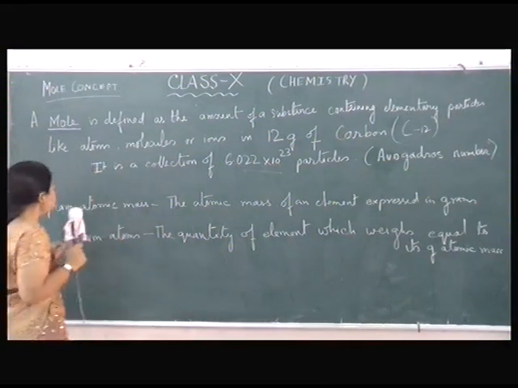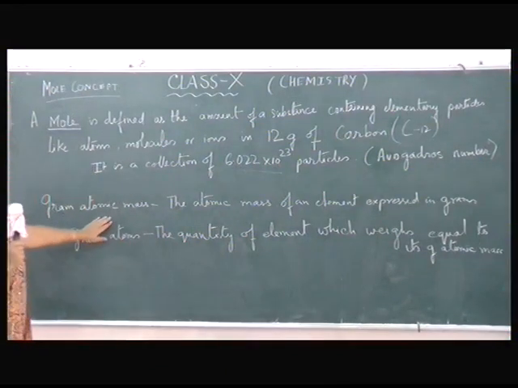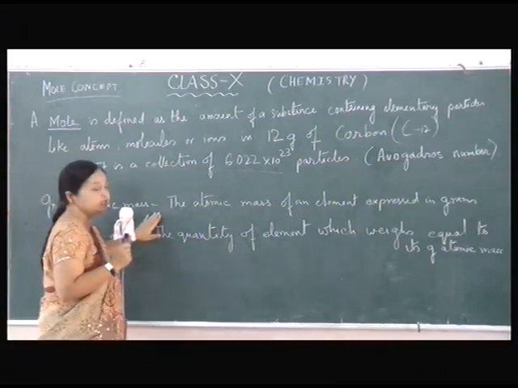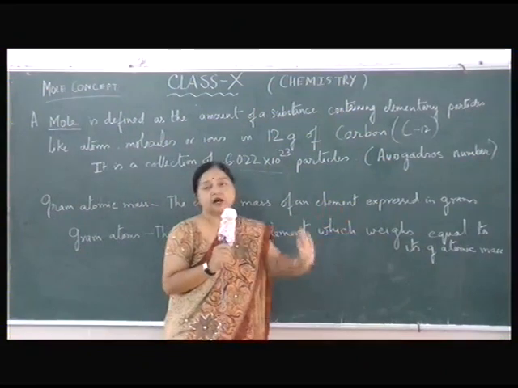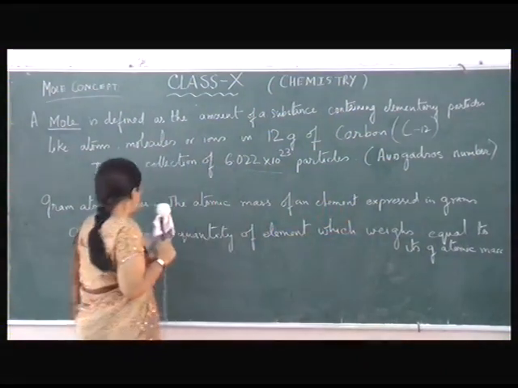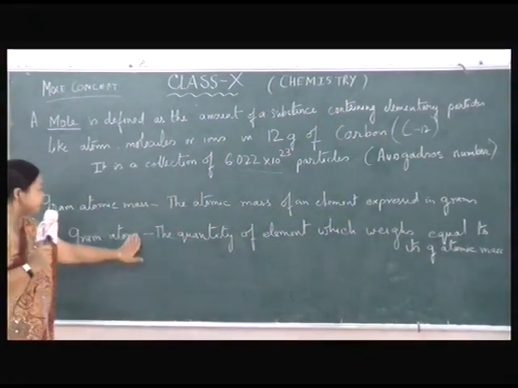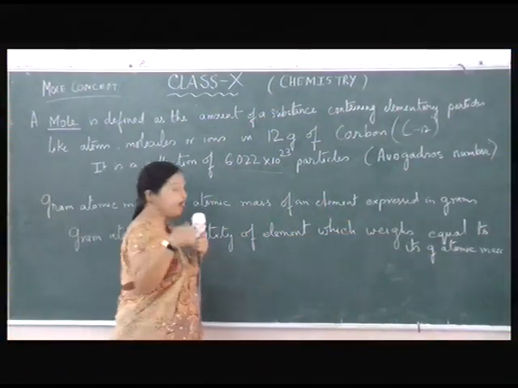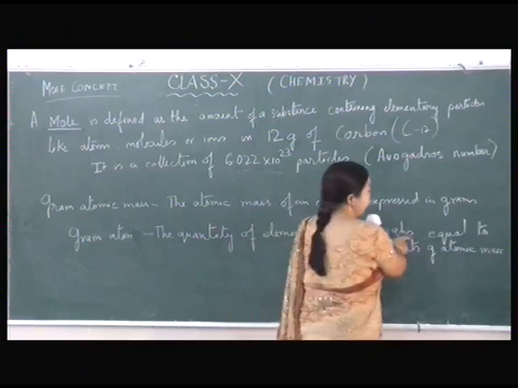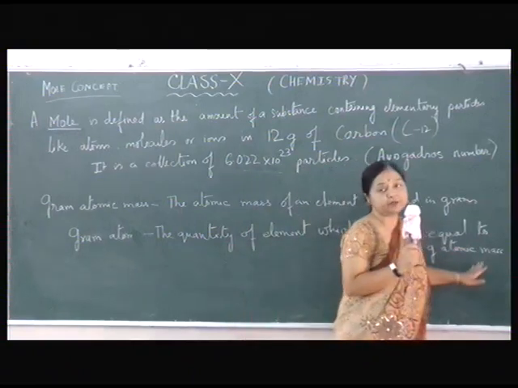Now, gram atomic mass. These are some of the terms you'll come across. So, what does gram atomic mass mean? The atomic mass of an element expressed in grams. And what is a gram atom? Gram atom means the quantity of the element which weighs equal to 1 gram atomic mass.